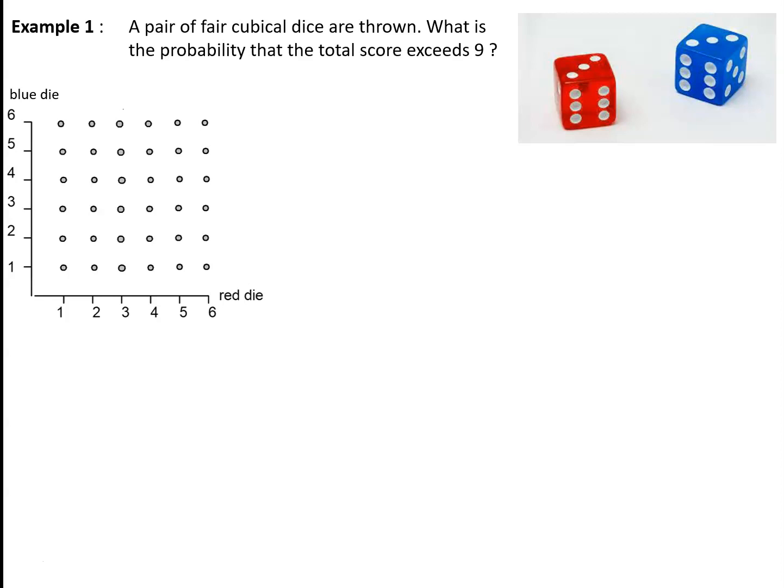The outcomes which give us a total score that exceeds 9 are the 6 outcomes in the triangle there. So we can say the probability that the total score exceeds 9 is 6 out of the 36 possible outcomes. In other words, it's 1 in 6.